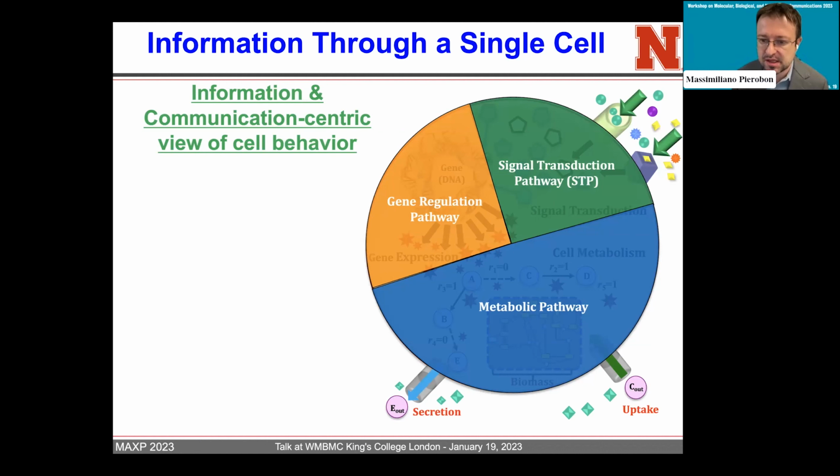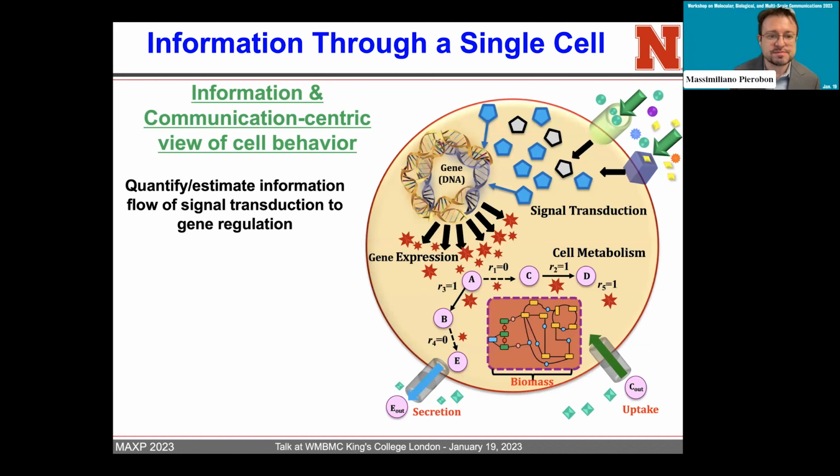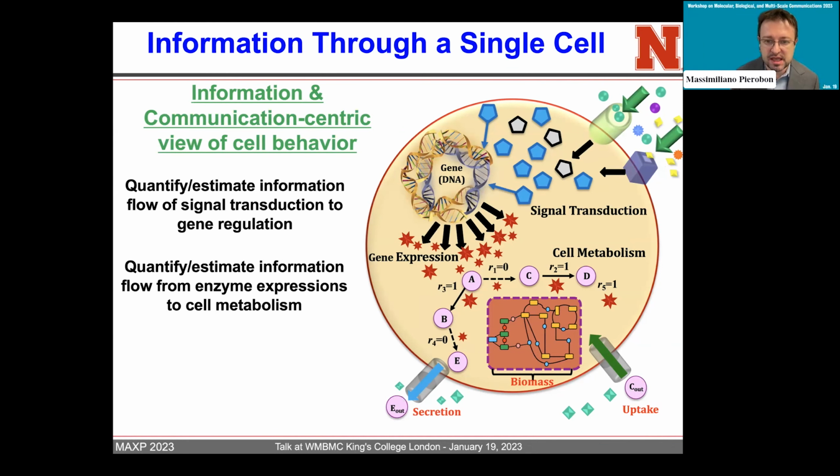So if you take a cell and you parse the network that is inside the cell into simpler networks, let's say networks that have homogeneous characteristics, you will find signal transduction, gene expression, and cell metabolism as a main parsing. And if we follow information through this network, there is a great deal of understanding how a cell works.